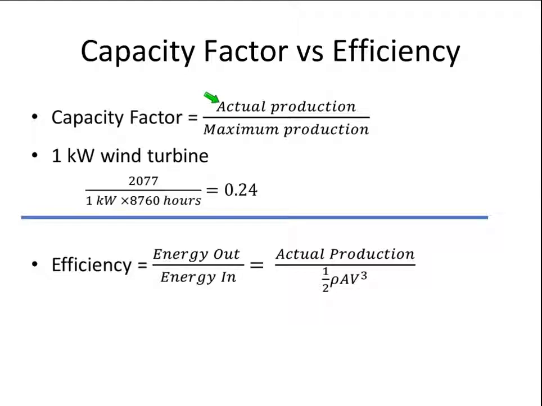So if we were looking at this particular turbine based on the estimates that we have, we might say 2,000 kilowatt hours divided by 1 kW times the number of hours in a year, and so we have a capacity factor of 0.24. Now, a capacity factor of 0.24 or 24% sounds kind of low, but again, we have to know what's good and what's not.